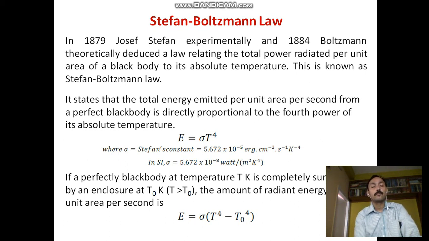If a perfectly black body at temperature T K is completely surrounded by an enclosure at T0 K, where T is greater than T0, that means the temperature of the black body is greater than the temperature of the surrounding enclosure, the amount of radiant energy per unit area per second can be represented as E is equal to sigma (T^4 minus T0^4).